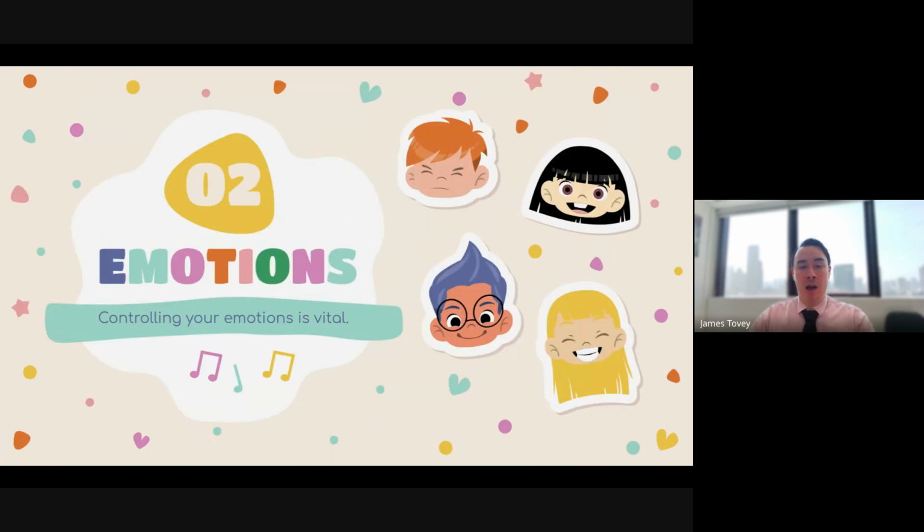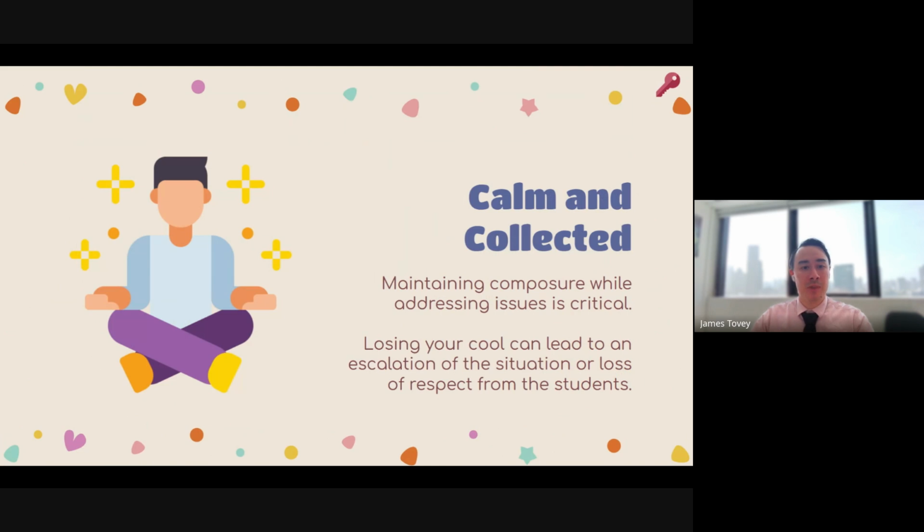First of all, our second part really, but talking about emotions. Getting into emotions is really important. So controlling your emotions is vital. Calm and collected. Maintaining composure while addressing issues is critical. Losing your cool can lead to an escalation of the situation or loss of respect from the students.